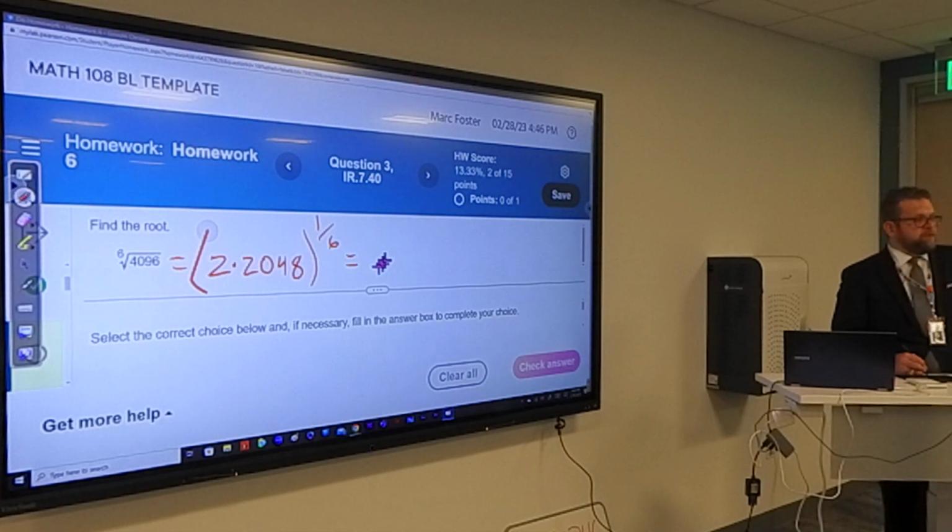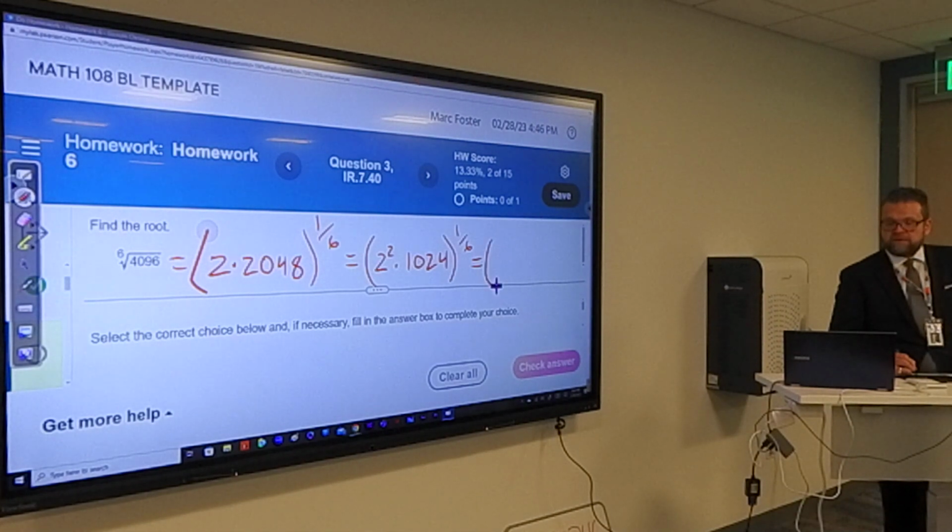Peel off another 2 from the 2048 and get that this is 2 squared times 1024. And I can peel off another 2. And you just let me know whenever you recognize the thing that we're peeling the 2's off of. 2 cubed times 512.